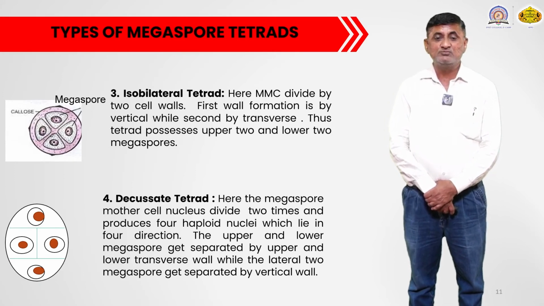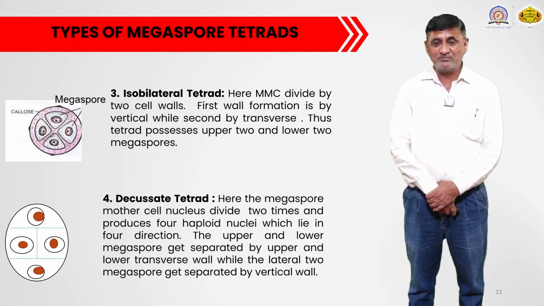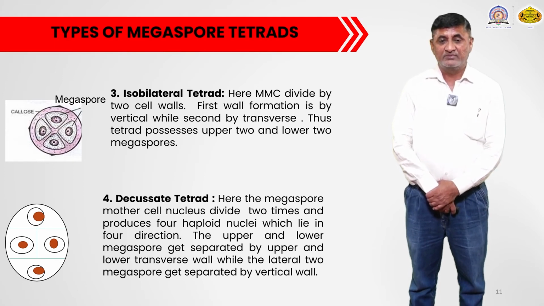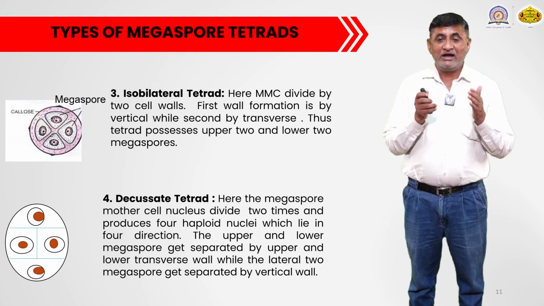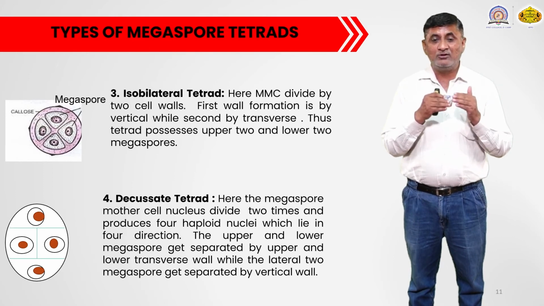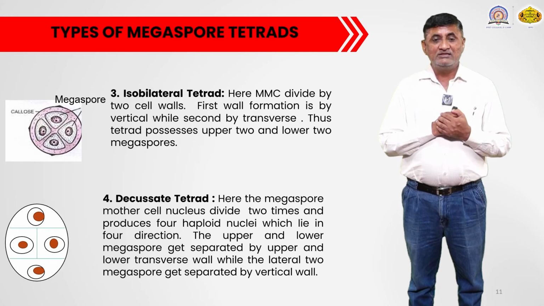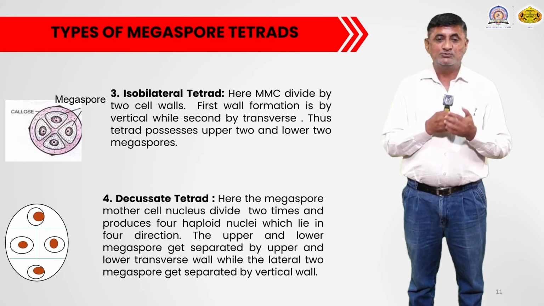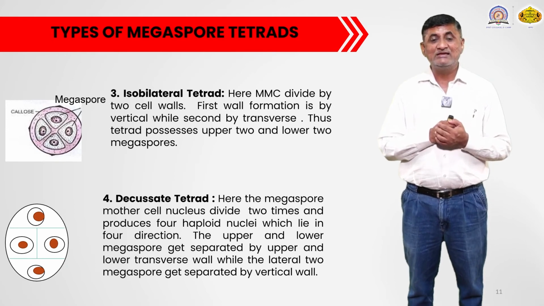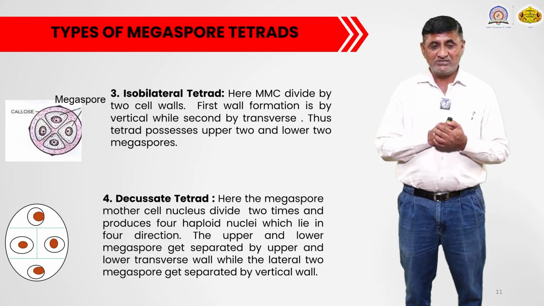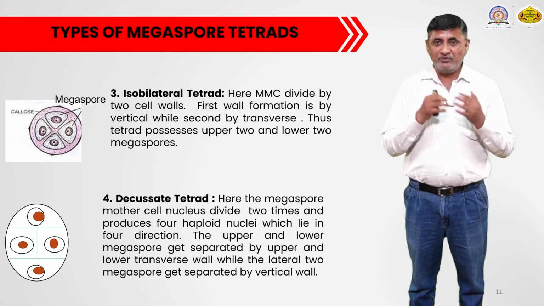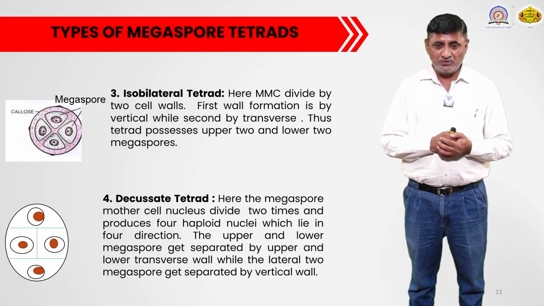The first wall formation is vertical, while the second wall formation is transverse, and because of this the tetrad possesses the upper 2 and lower 2 megaspores. This is not a very common type of megaspore tetrad development in angiosperms.